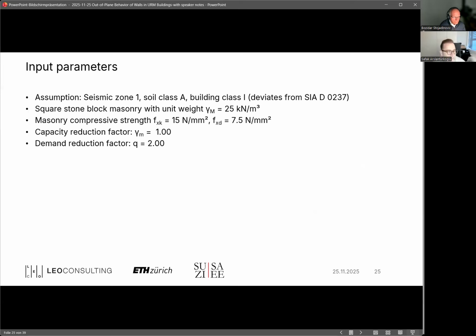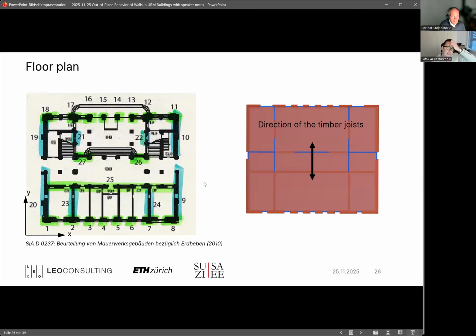The compressive strength is not completely out of consideration, but again, it does not have a dominant role. And then, as in global assessment, we have safety factors, or factors for the capacity and for the demand side. So capacity reduction I set to 1, again for the sake of simplicity, and demand reduction, in comparison to behavior factors in global analysis, I set to 2.0. So you see here the floor plan of the building on the left.